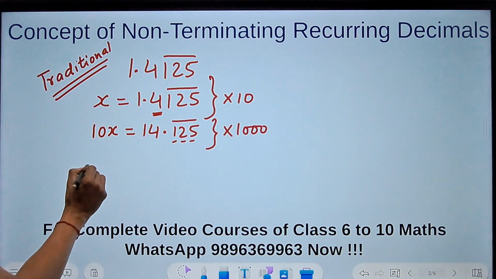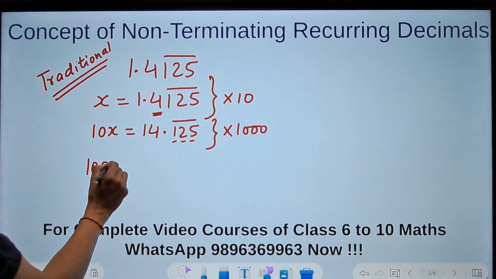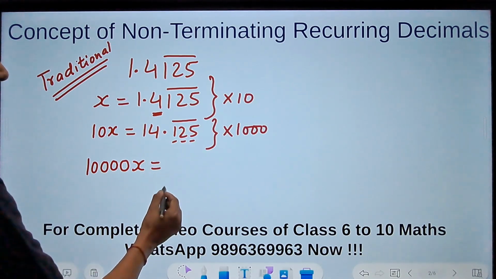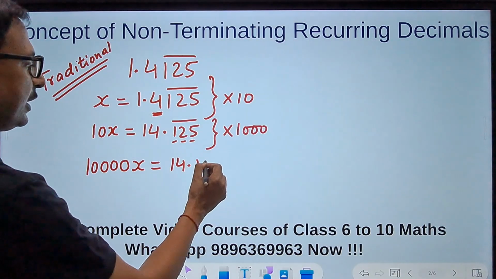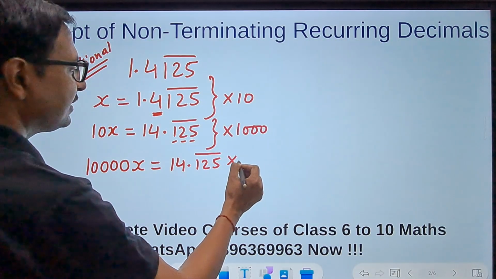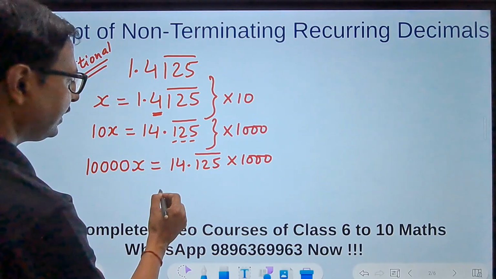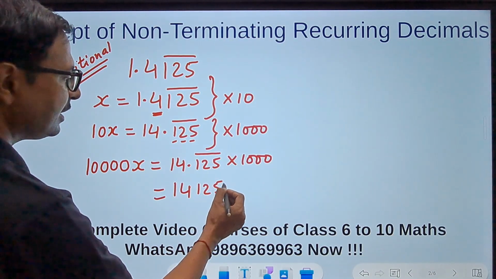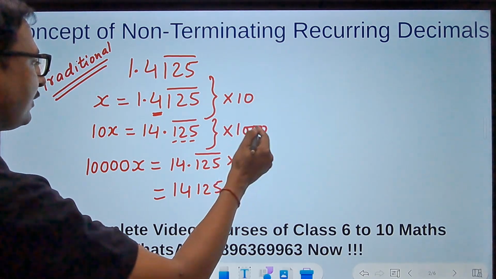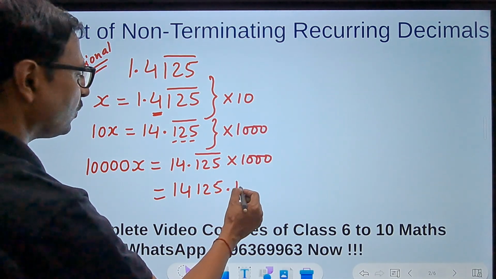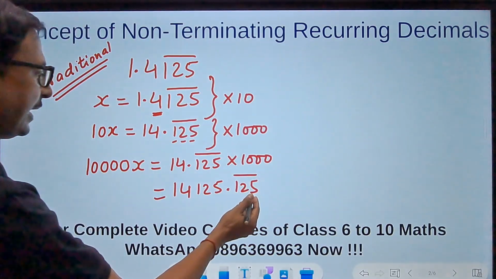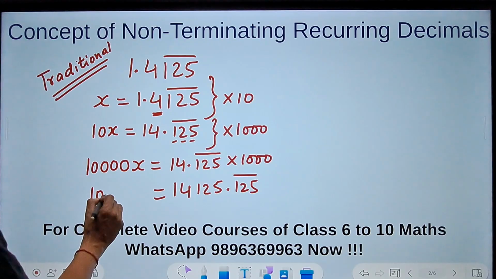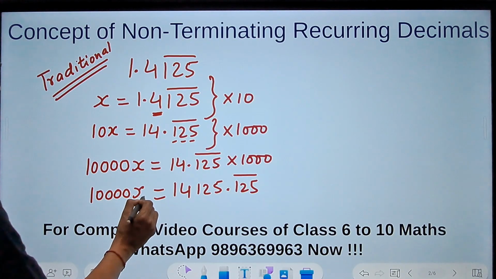So 10x becomes 10x into 1000, that is 10,000x, and on the right hand side if you multiply 14.125 bar by 1000, you are going to get 14, 3 digits move towards the left of the decimal, and after that 125, 125, 125 will keep on repeating. So 125 bar will come as it is, and here this 10,000x is on the left hand side.